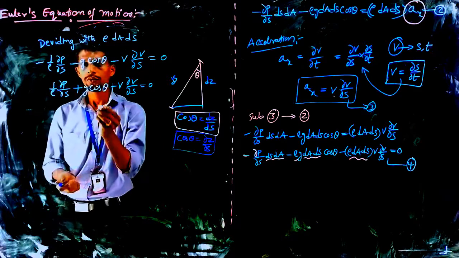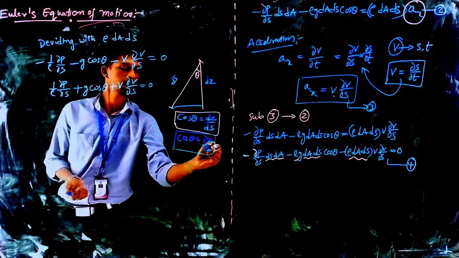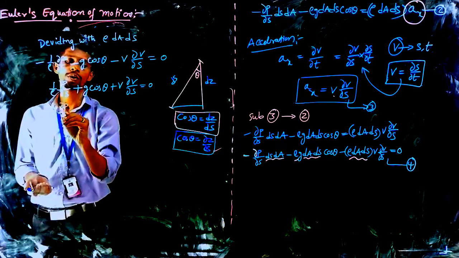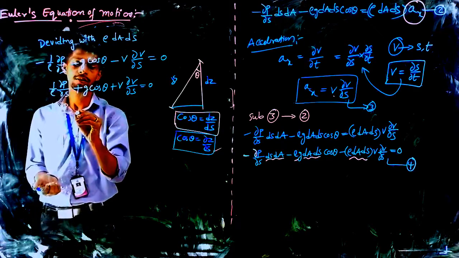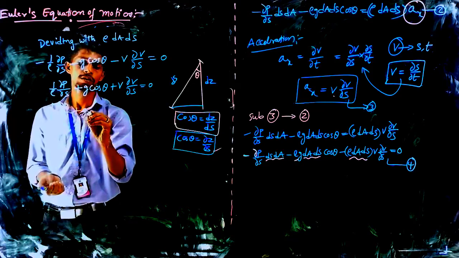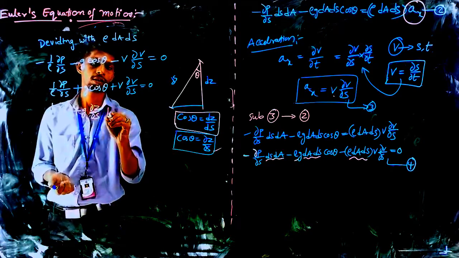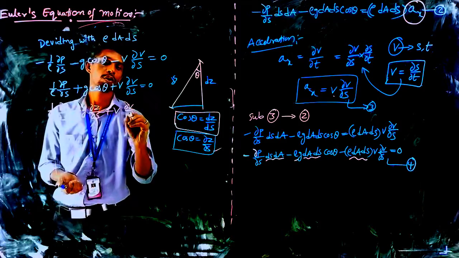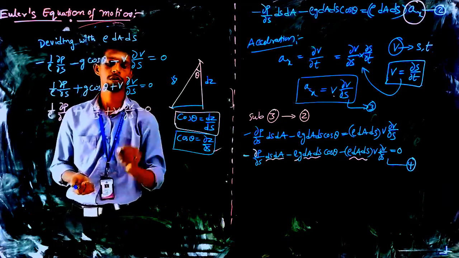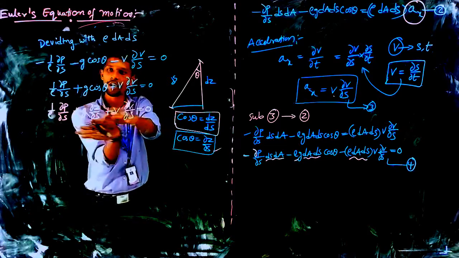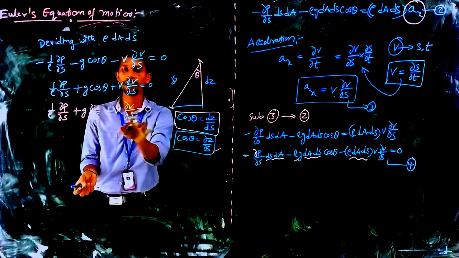Now substitute this expression here: 1 by rho dou p by dou s plus g into dou z by dou s plus v into dou v by dou s is equal to 0. In this equation, dou s is common in the entire equation.